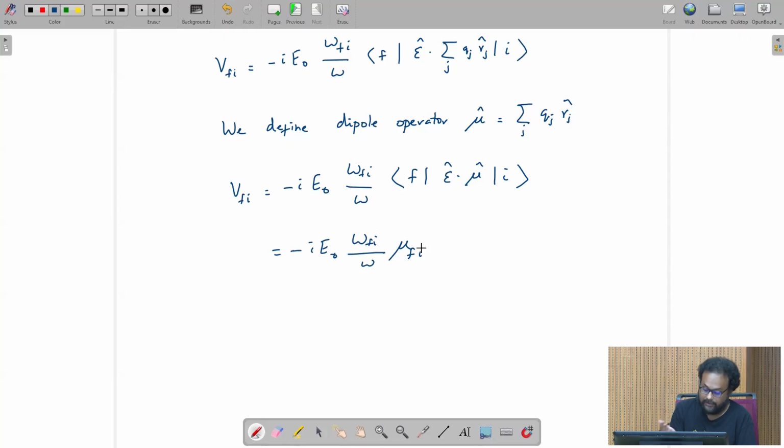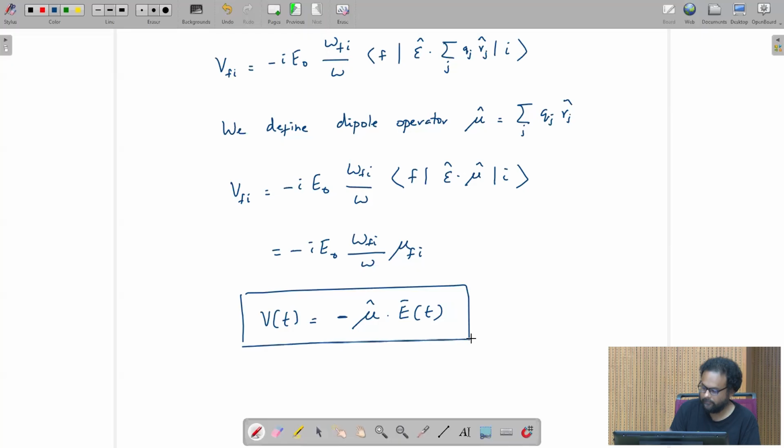Thus, what you can see from here is my V of t is simply minus mu dot E, because the dot product is embedded here.